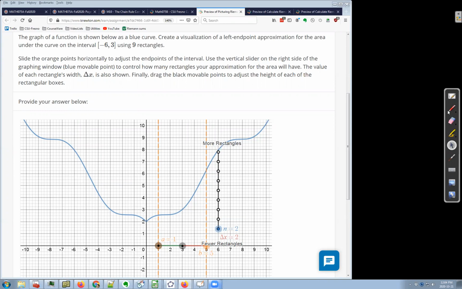Just as an example, here's a picture of some curve, and I might want to find the area under the curve between x equals 1 and x equals 5. I'll shade the area in here a little bit so you get the idea.